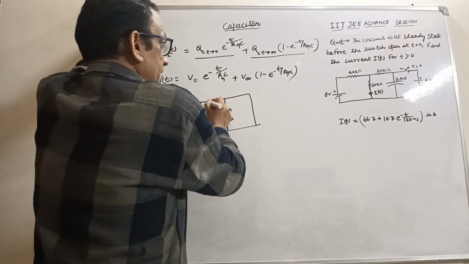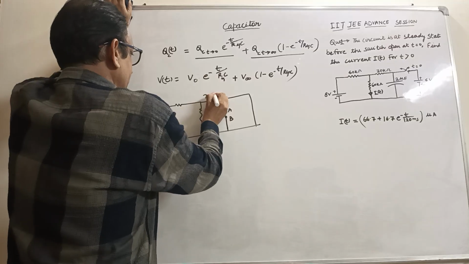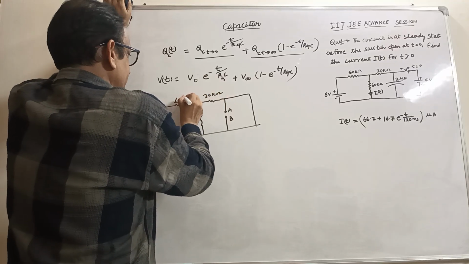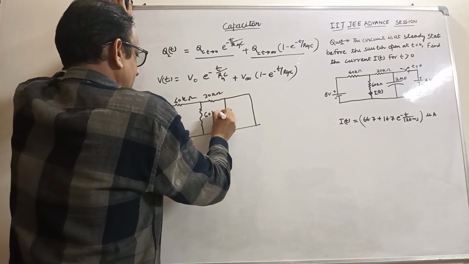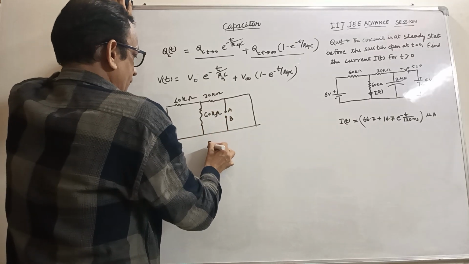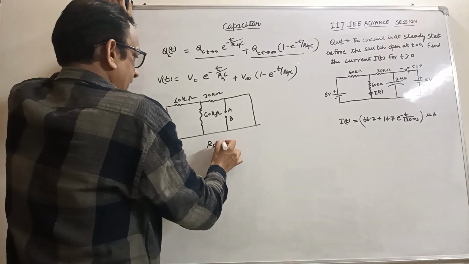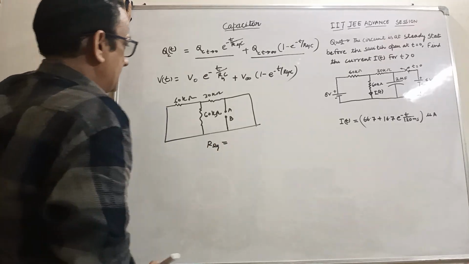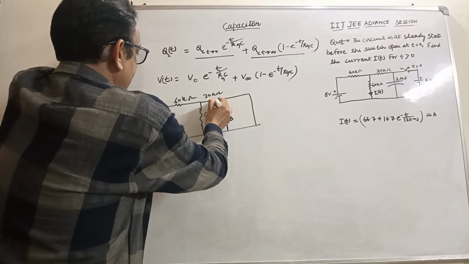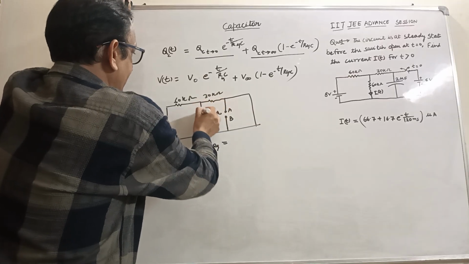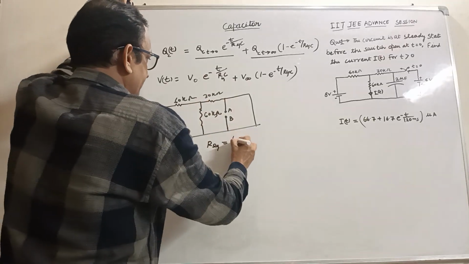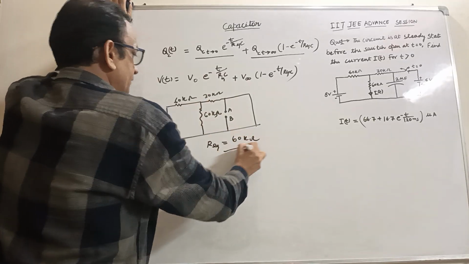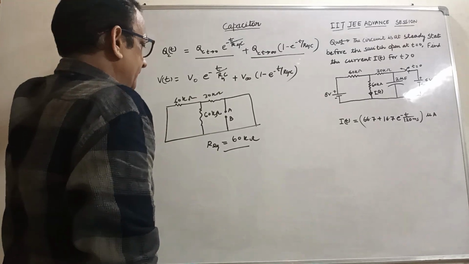So this is 30 kilo ohm, this is 60 kilo ohm, this is 60 kilo ohm. The two 60s are in parallel, so 60 and 60 become 30, and 30 and 30 becomes 60 kilo ohm.